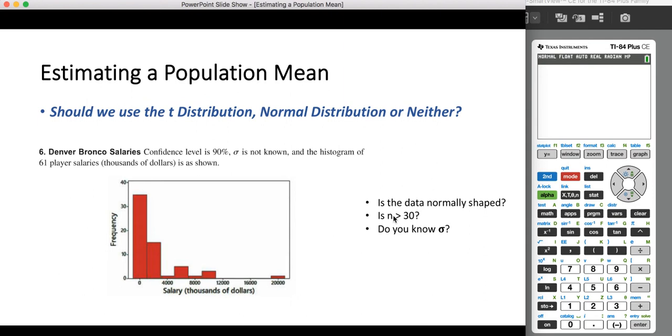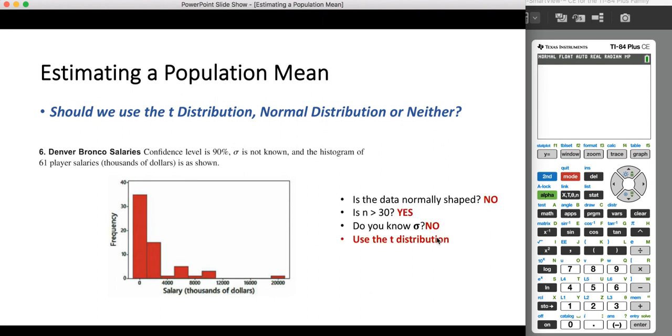So our data set is greater than 30, but we do not know the population standard deviation. So the answers to these questions: not normally shaped, but n is greater than 30, and we don't know sigma, so we're going to use the T distribution.